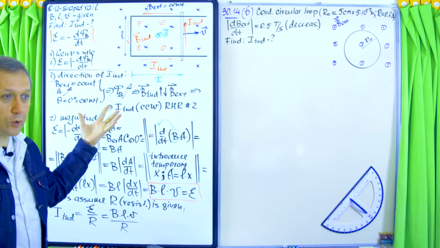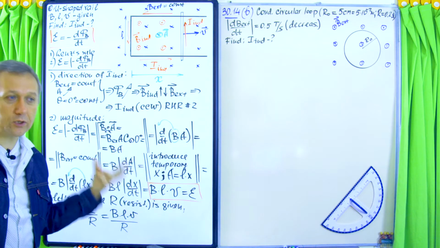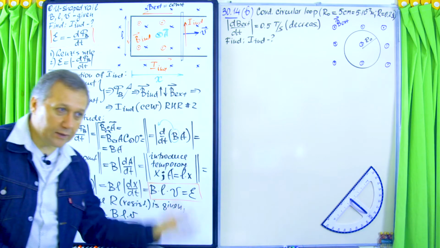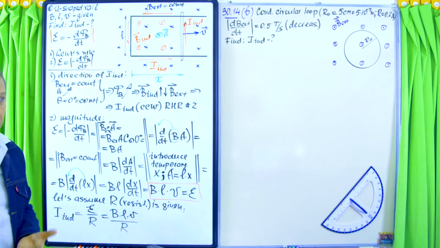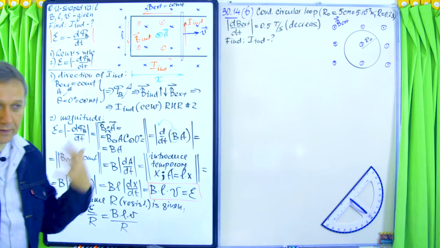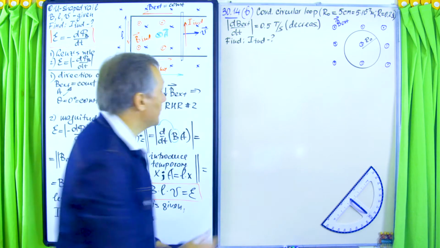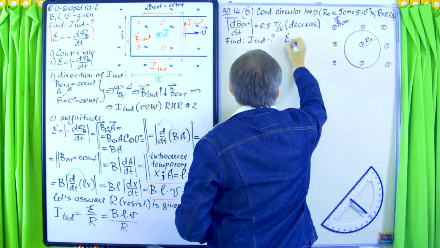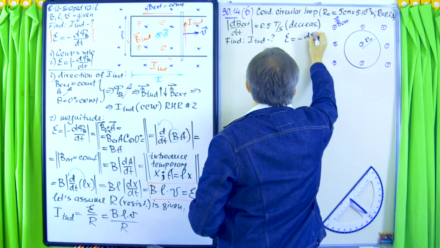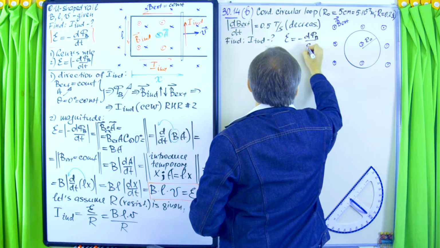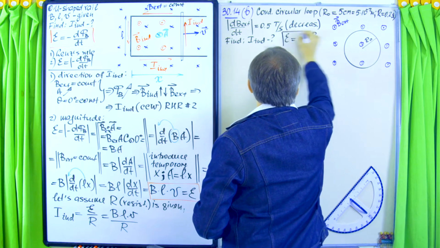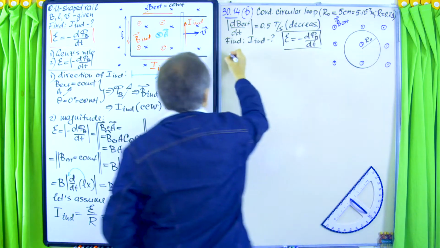And again, we're going to divide that application into two steps. We can apply Lenz's rule, and then we can find the absolute value of the EMF and then the value of the current, right? So again, we will apply Faraday's law, d phi over dt. And then again, two steps.